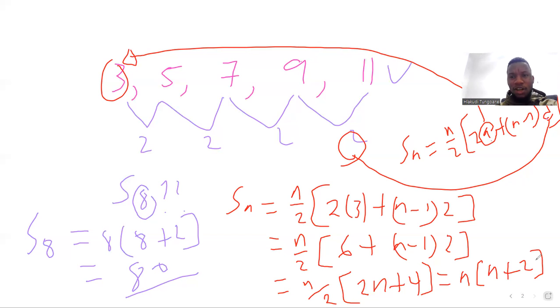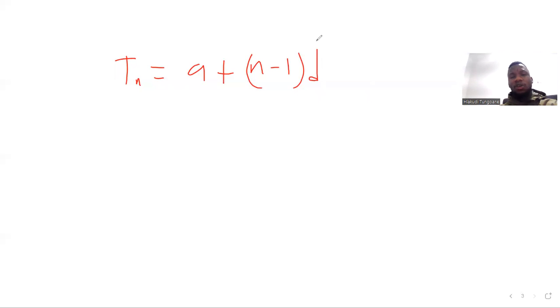Okay, let's look at how we can derive this formula, right? So firstly, remember for an arithmetic sequence, we mentioned that Tn, which is term number n, any term in the sequence, is a plus n minus 1 d, right? So that's your Tn formula.